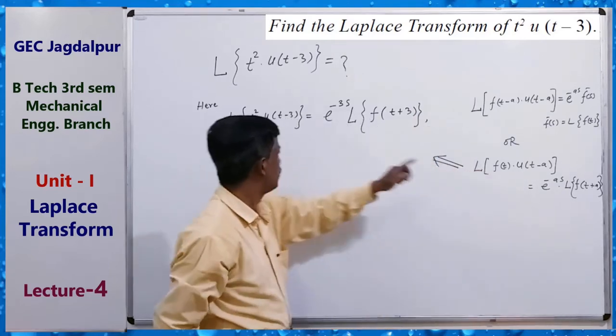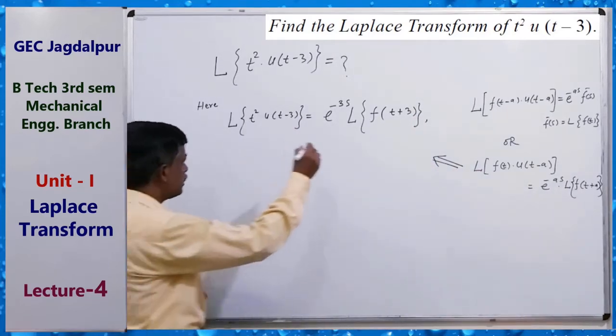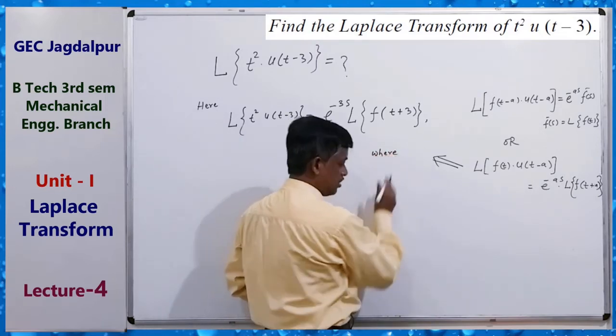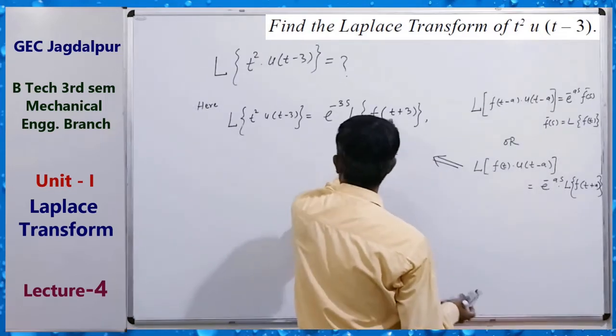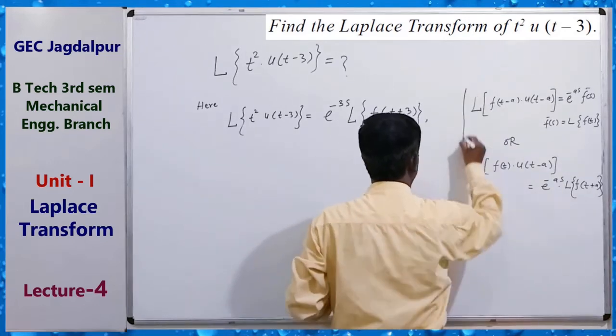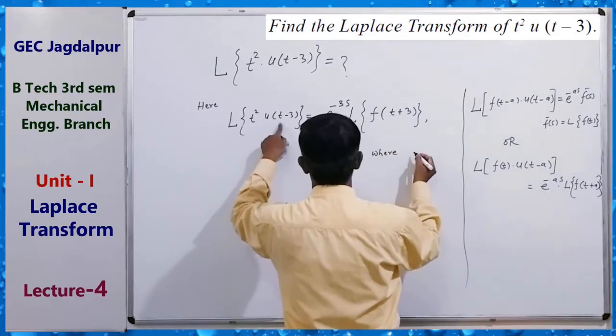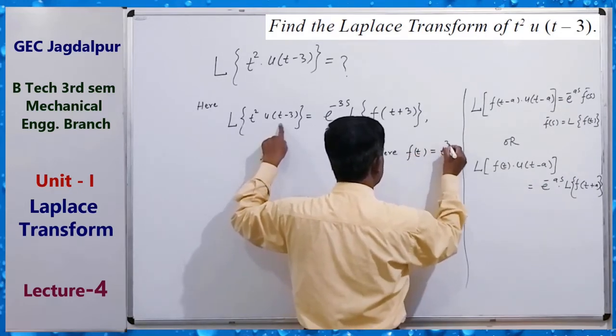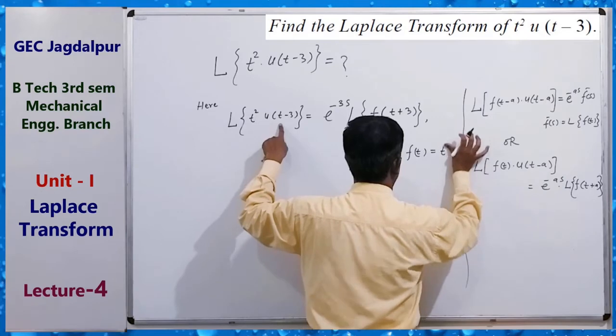By using this formula, this is equal to this, where f(t) means t square.